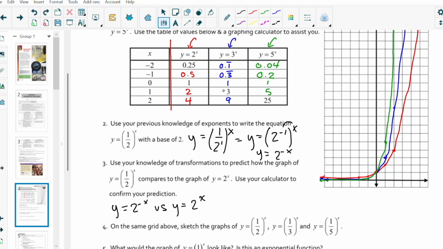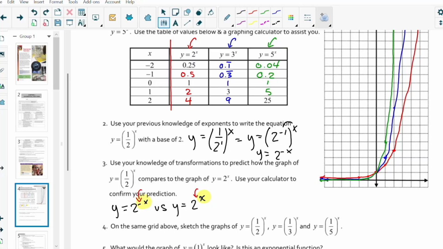With our knowledge of transformations, when we're doing an operation on x, what's the only difference? The only difference is the negative value on the x. This is positive, this is negative, so when you put a negative in front, that is a reflection about the y-axis.